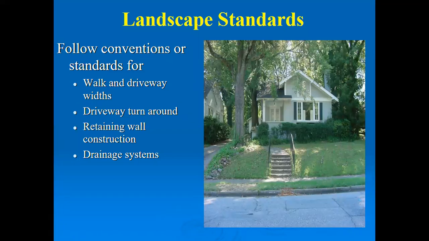Follow standards: walks and driveways, driveway turnaround, retaining walls. Again, we talked about retaining wall construction. There are a lot of standards, and you want to make sure somebody's experienced. Drainage systems like French drains can be put in. You need to make sure whoever's doing it is experienced.